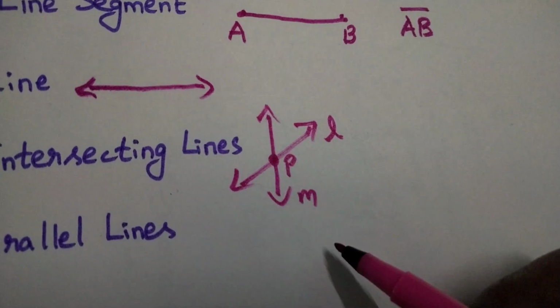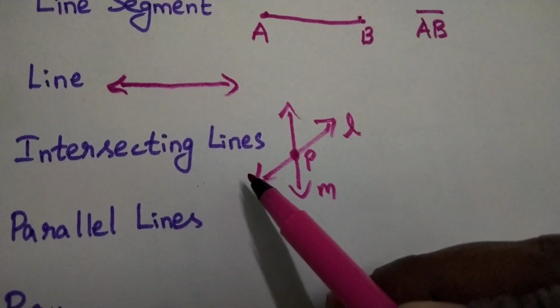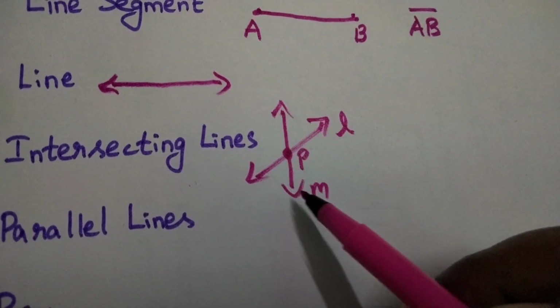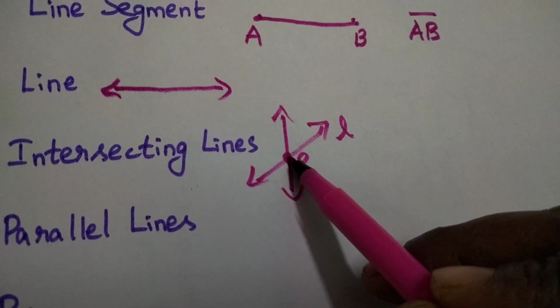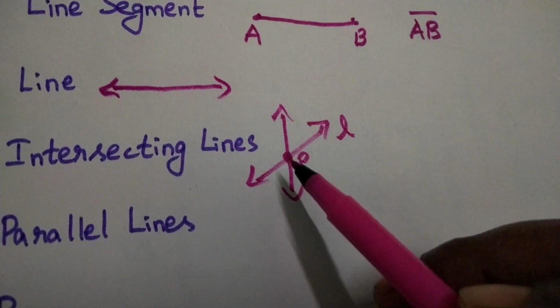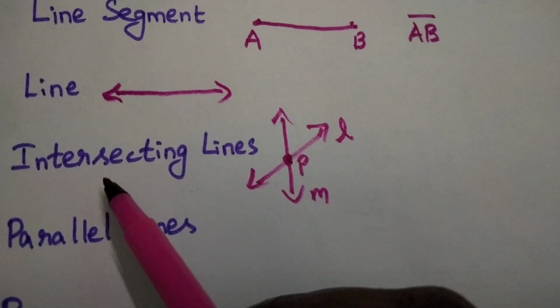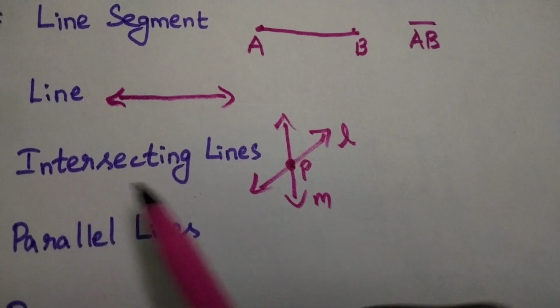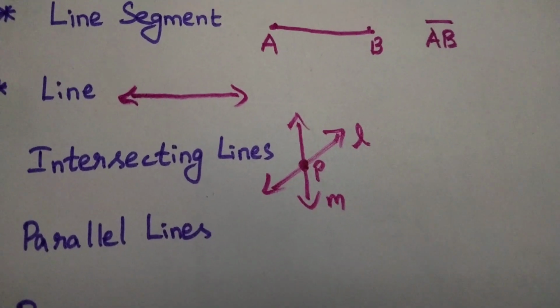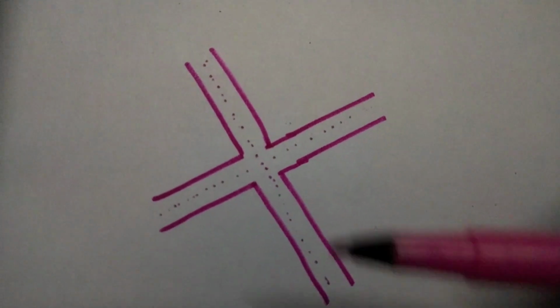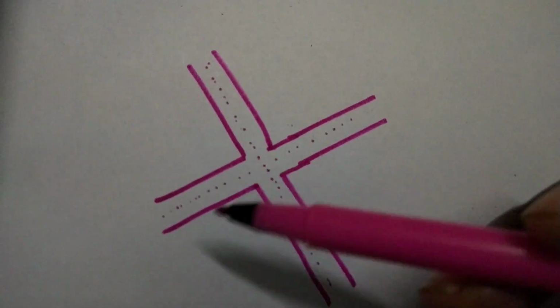Okay. See here, intersecting lines means line L meets line M at a point P. So two lines meet at one point. That means those lines, we call as intersecting lines. We can see the intersecting lines while crossing the road, isn't it? 4 directions.